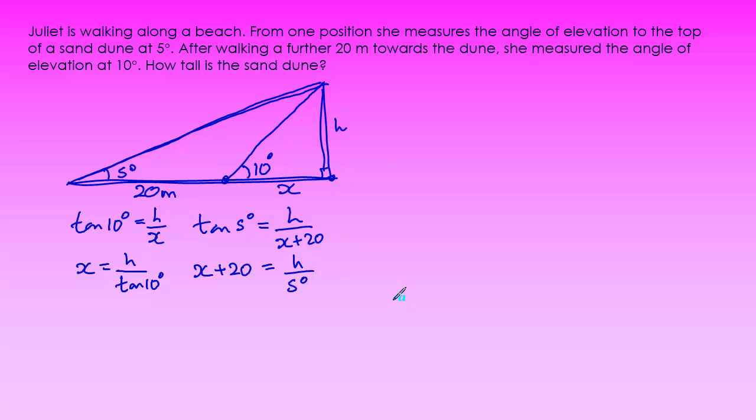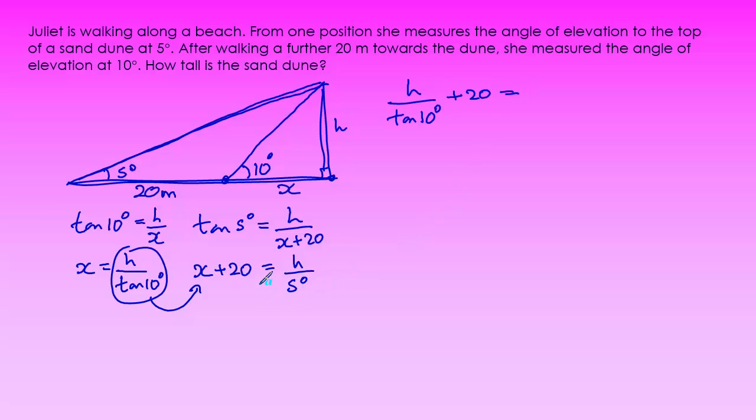So what we can do is replace the x here with this. Let's put that in here. And so we have h over the tan of 10 degrees, add 20, is equal to h over tan 5 degrees.